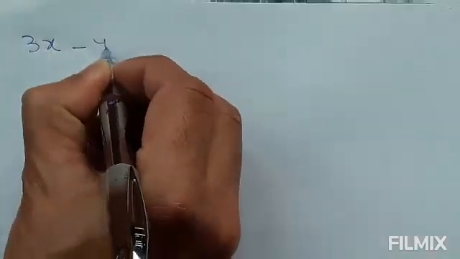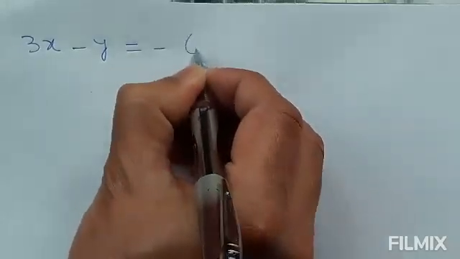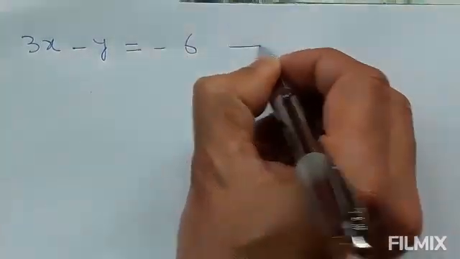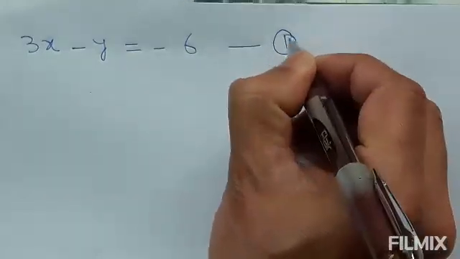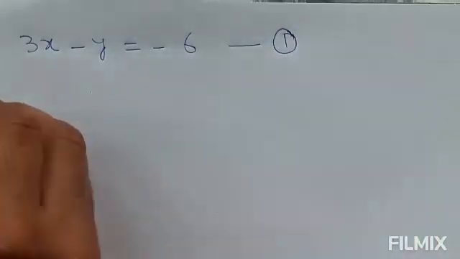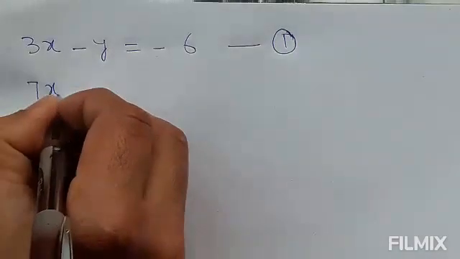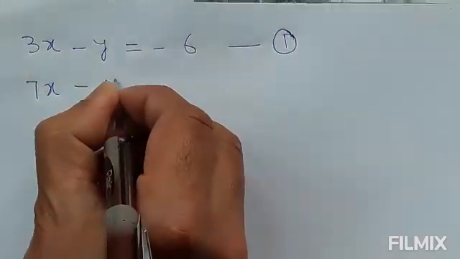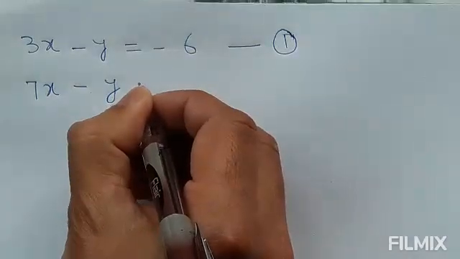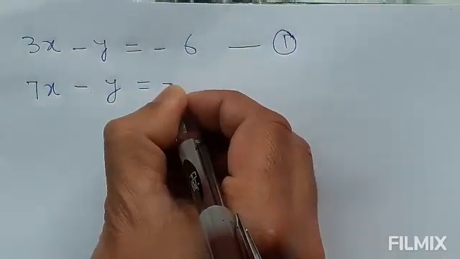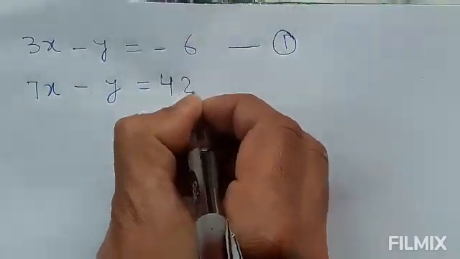One is 3x minus y equal to minus 6, and let me name it as first, and the other was minus 7x minus y equal to 42.